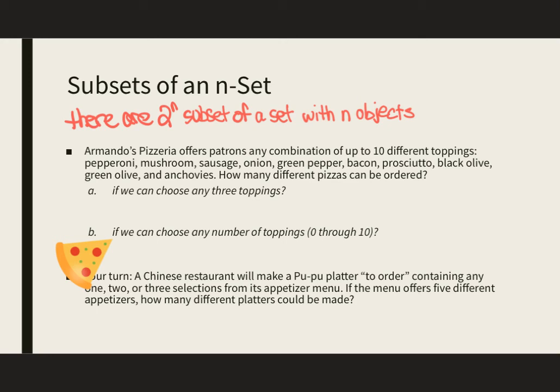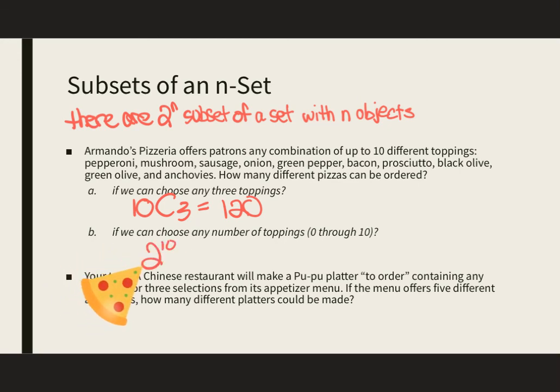For part A, we have 10 choose 3, which is 120 possibilities. But in part B, we can choose 0 toppings, 1 topping, 2 toppings, all the way up to 10 toppings. So all we have to do is raise 2 to the 10 power.